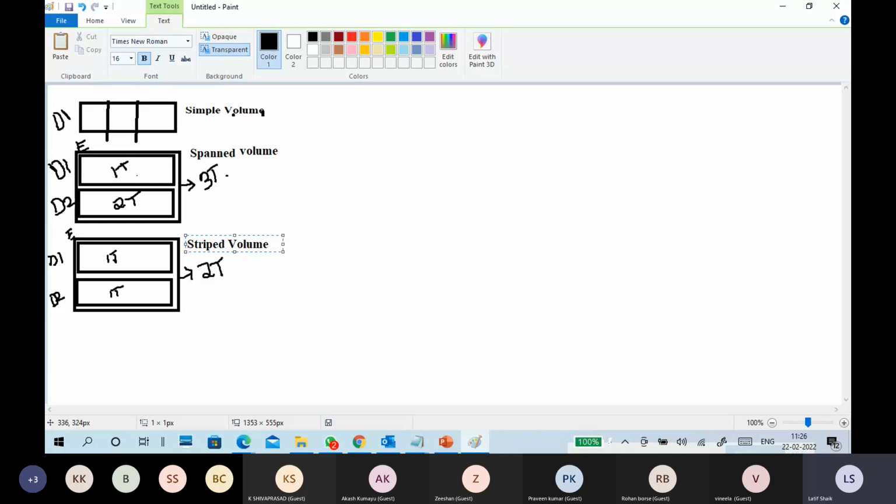What is the striped volume? It is nothing but RAID 0. This is a striped volume, RAID 0. We can combine two or more disks.